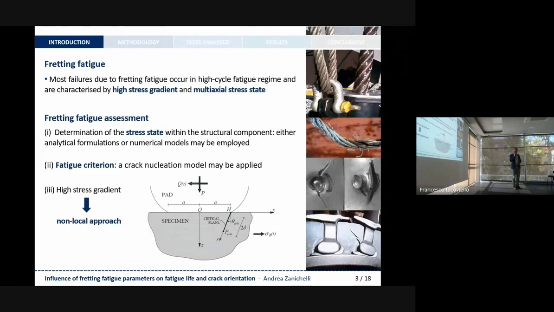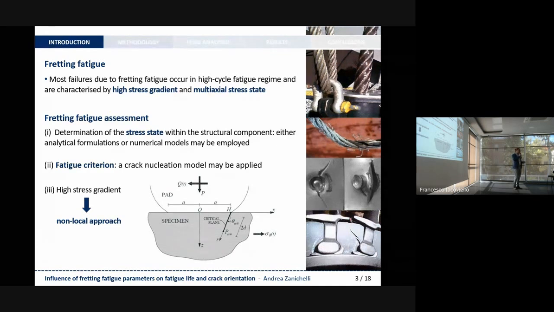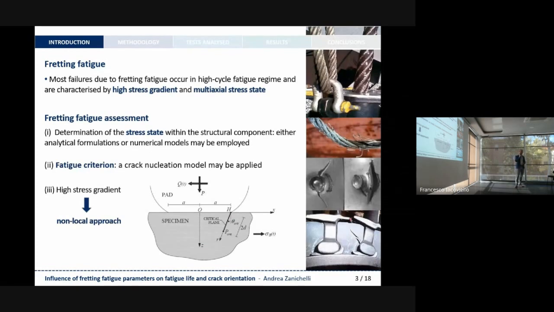So, in order to assess a fretting fatigue problem, firstly, the stress state within the structural component needs to be determined, and in order to do that, either analytical formulations or numerical models can be employed. Then, to perform the fatigue assessment, we need to apply a multi-axial fatigue criterion, and for example, a critical plane model can be applied. And finally, the third remark is related to the high stress gradient.